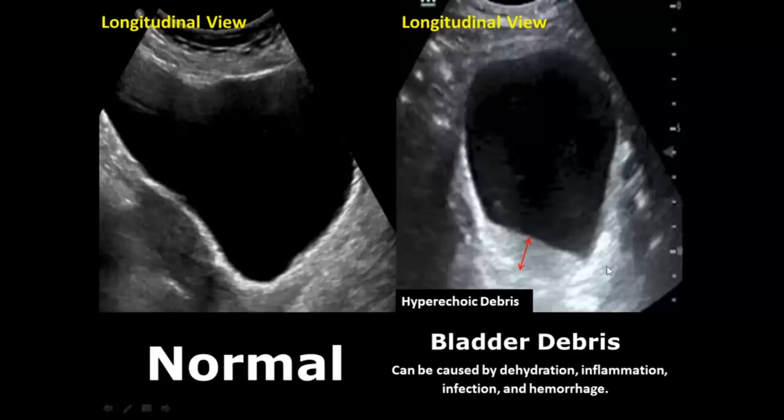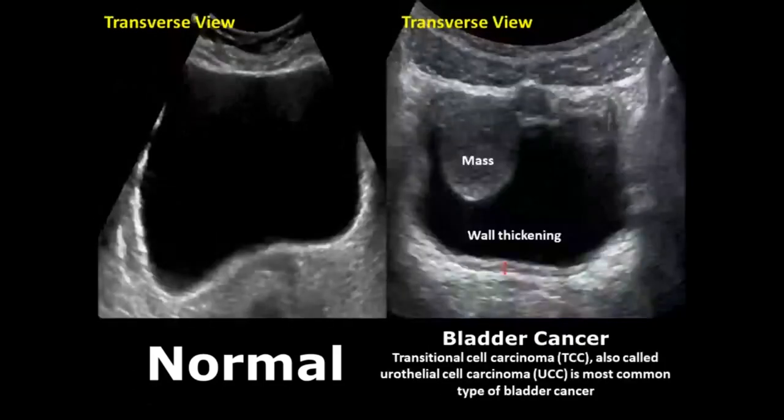Usually this is due to bladder injury, hematuria, or any injury to the urinary tract. Bladder cancer, usually called transitional cell carcinoma, appears as a rounded, heterogeneous or round hypoechoic mass originating from the wall of the bladder.